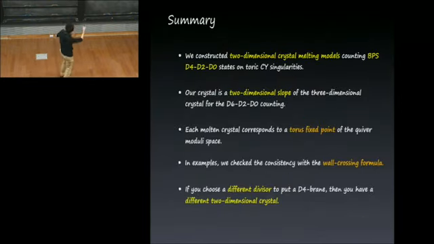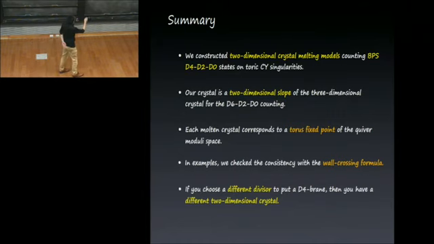Okay, this is the final slide. Let me summarize. We constructed two-dimensional crystal melting models counting BPS D4-D2-D0 states on toric Calabi-Yau singularities. Our crystal is a two-dimensional slice of the three-dimensional crystal associated with D6-D2-D0 counting.